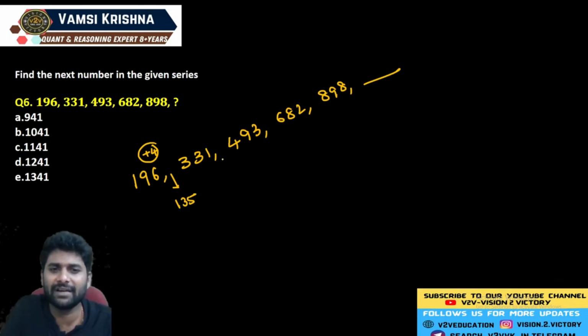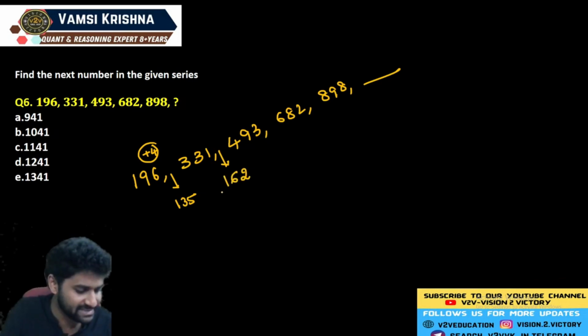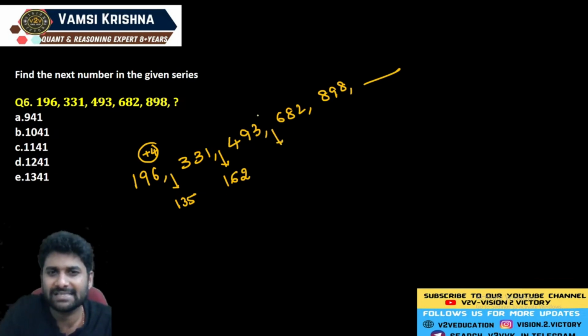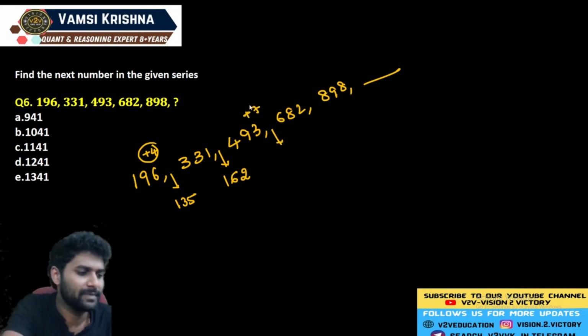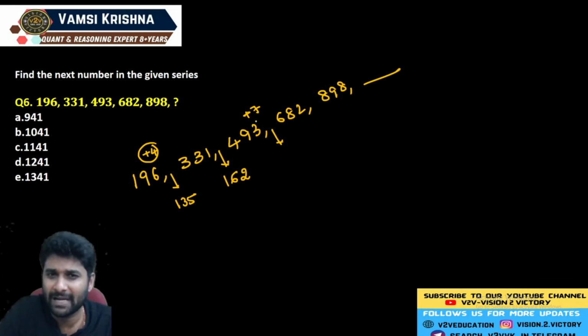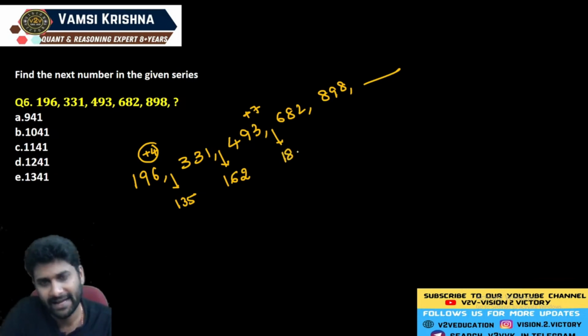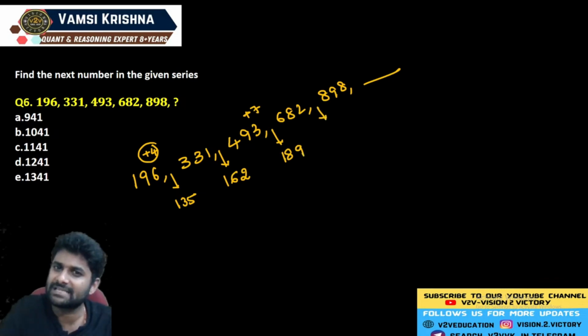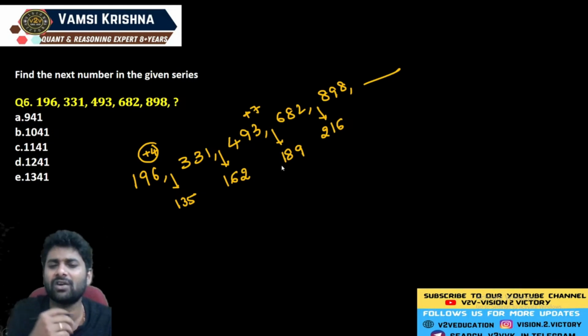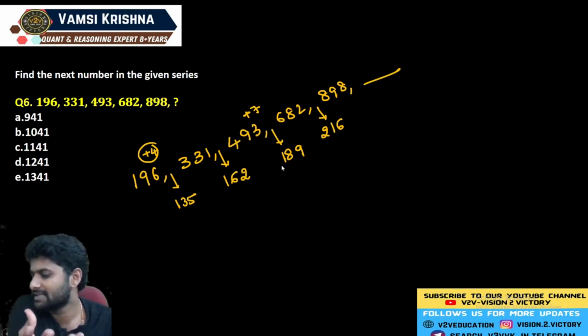Now here 331 becomes 493, a difference of 162. Next, if you add plus 27, it becomes 189. Next difference is 216. Still, we are unable to find what kind of series it is.